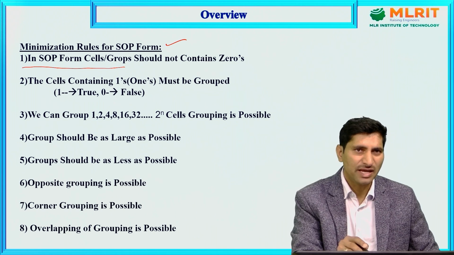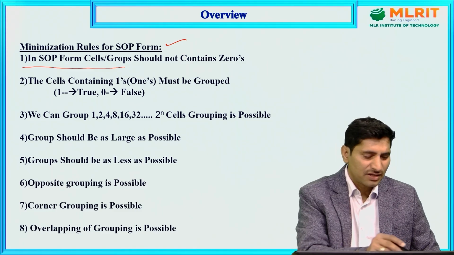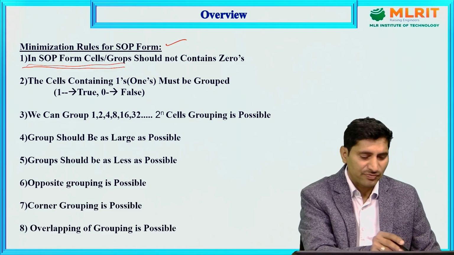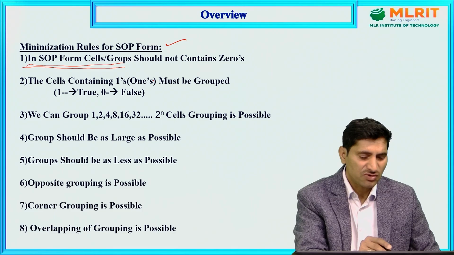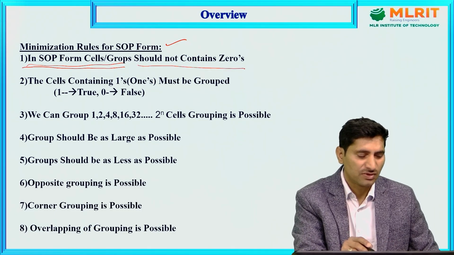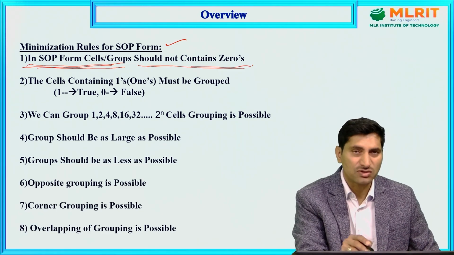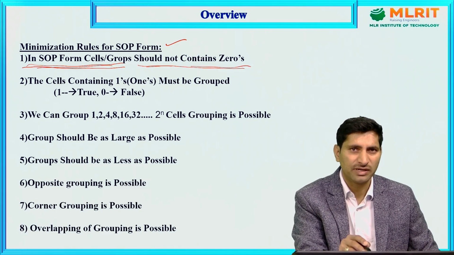K-map consists of cells, and while you are minimizing using SOP form, the cells should not contain zeros. So while we are making groups, the cells should not contain zeros. That is the first point we have to understand.